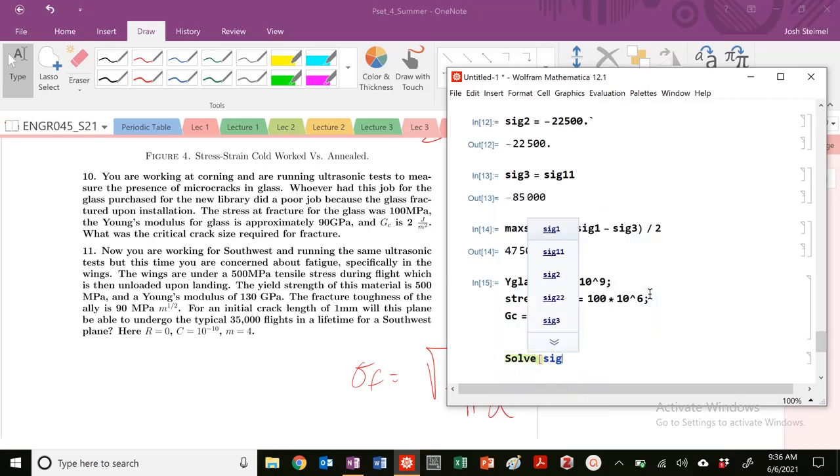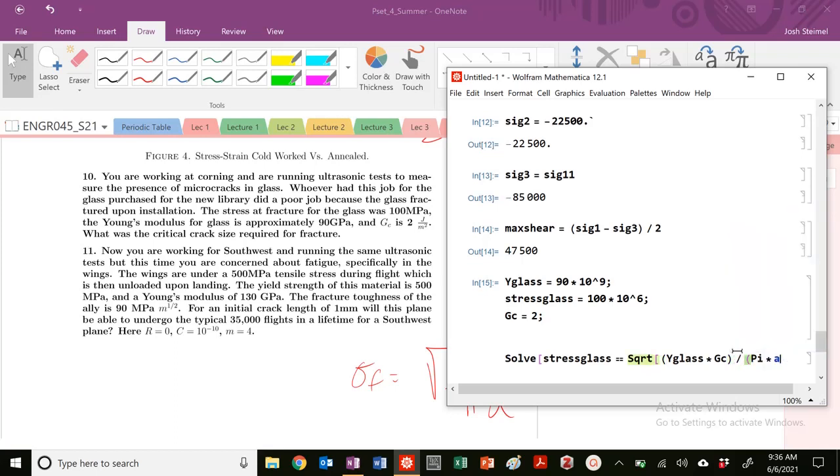Stress glass is set equal to the square root of Y glass times G sub C divided by, let's just put parentheses, I know we don't have to, I know I'm a crazy person, pi times A.